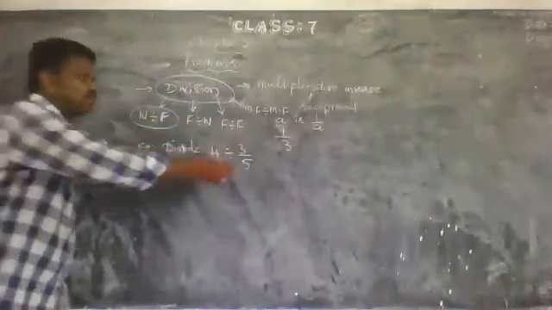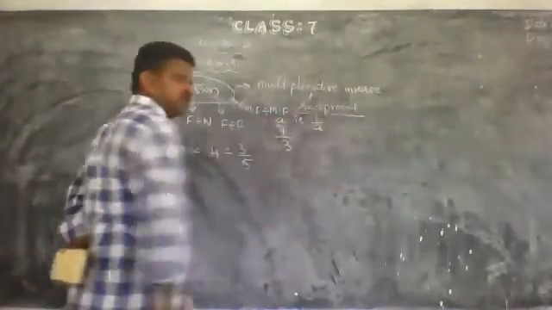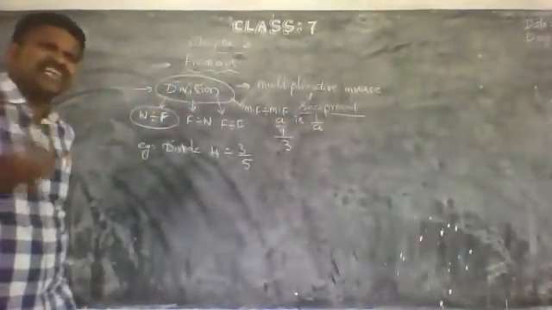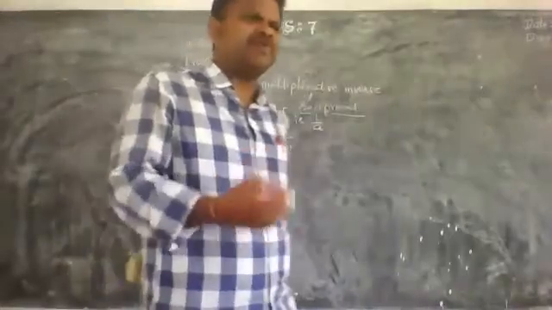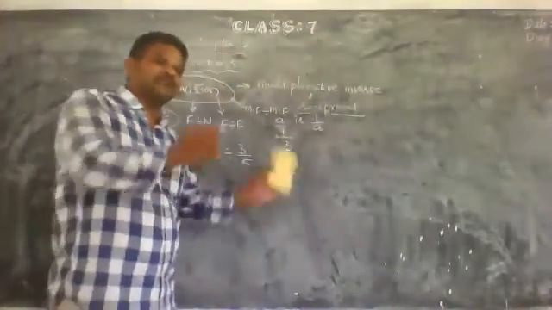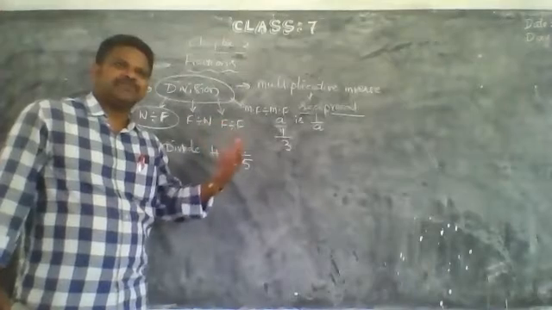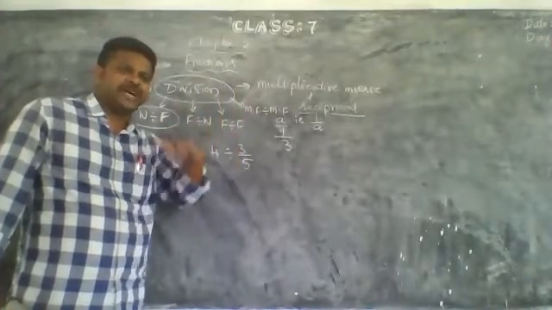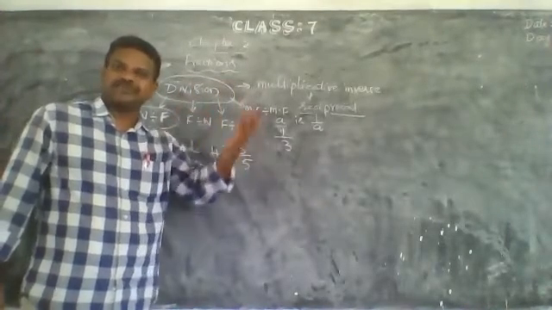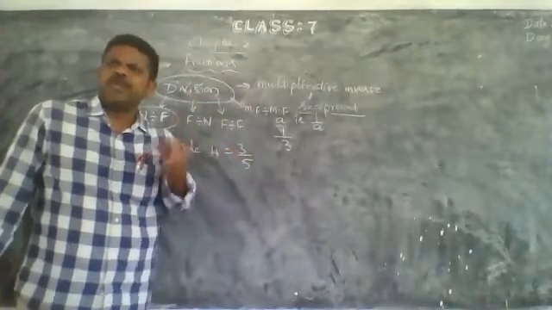Simple. We already discussed the reciprocal, you know. So why do we learn about the reciprocal? What is the use of what we learned? We learned reciprocal, but you told me that the reciprocal is nothing but interchanging the numerator as a denominator and the denominator as a numerator. But what will you do with that?